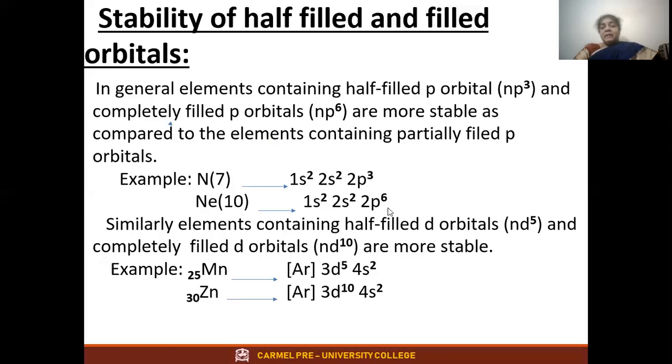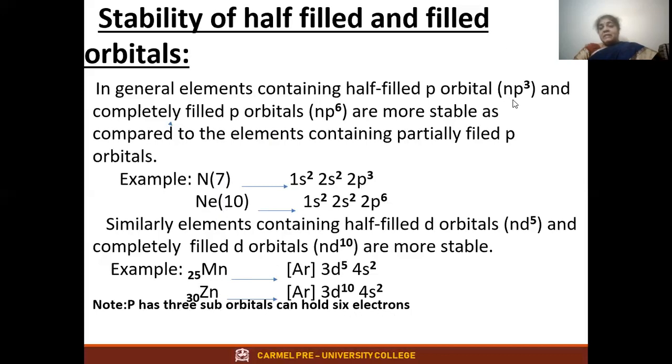For half filled p and completely filled p, you take the example of nitrogen and neon. For half filled d and completely filled d, you take the example of manganese and zinc. Okay. Next. Note, p has 3 suborbitals and can hold 6 electrons. That's what I told you.